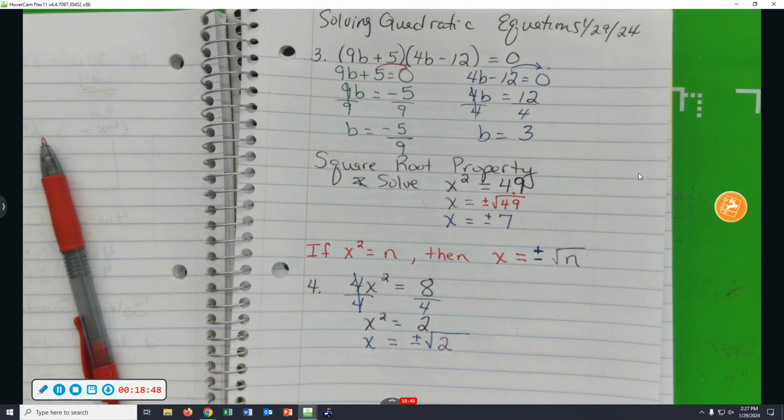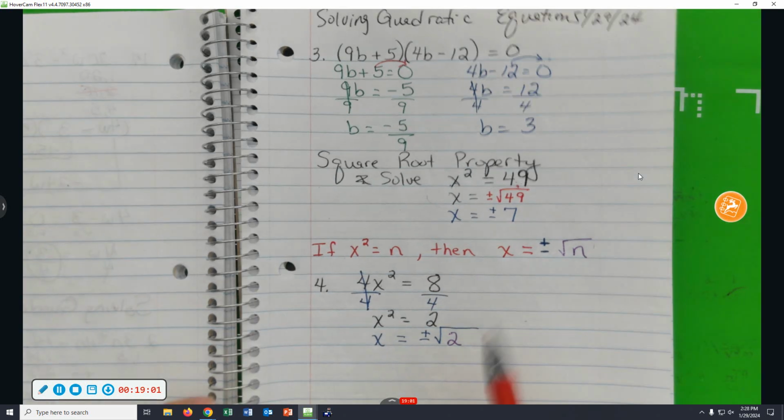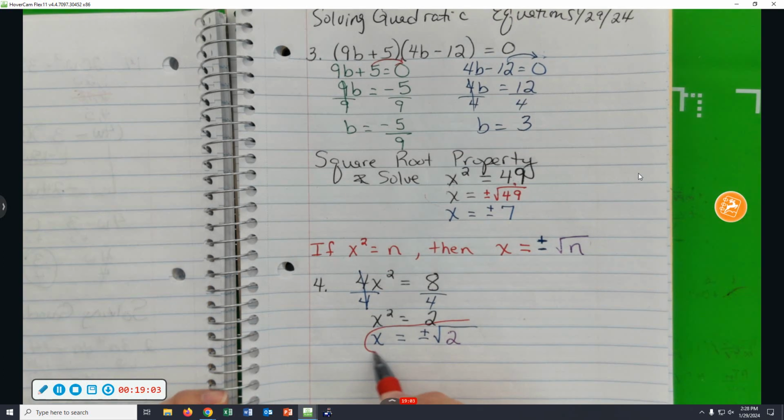Now can I simplify the square root of 2? No, there's no perfect square that divides evenly into 2. You just got to leave it as plus minus square root of 2. Okay? Plus minus square root of 2.